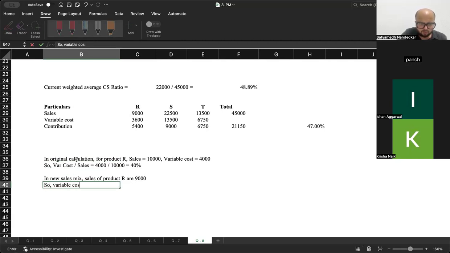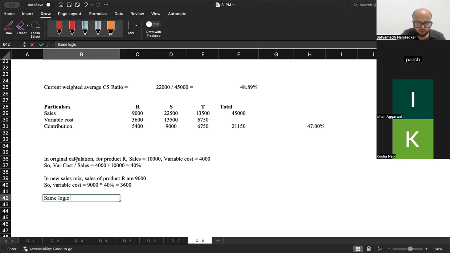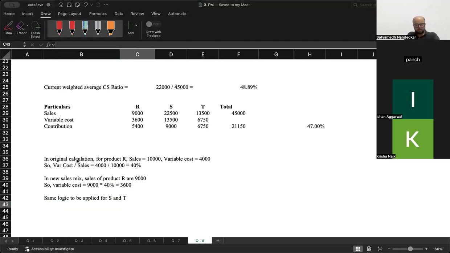So variable cost will be 9,000 into 40%, that is 3,600. Okay. Got it. Same logic to be applied for S and T. This is the calculation. Okay?